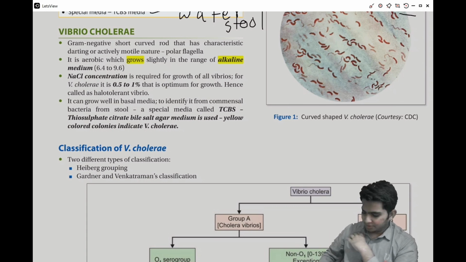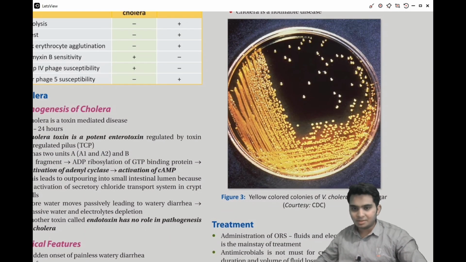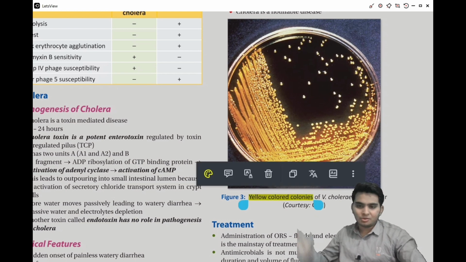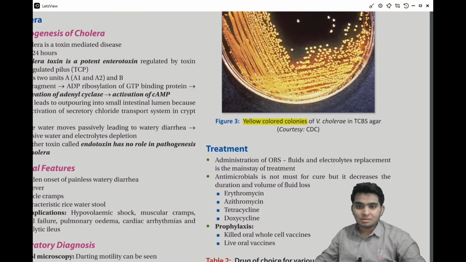The media is TCBS, thiosulfate citrate bile salt sucrose agar medium. Yellow colored colonies indicate the Vibrio cholerae. Here you can see in the image the yellow colored colonies of Vibrio cholerae in the TCBS agar.